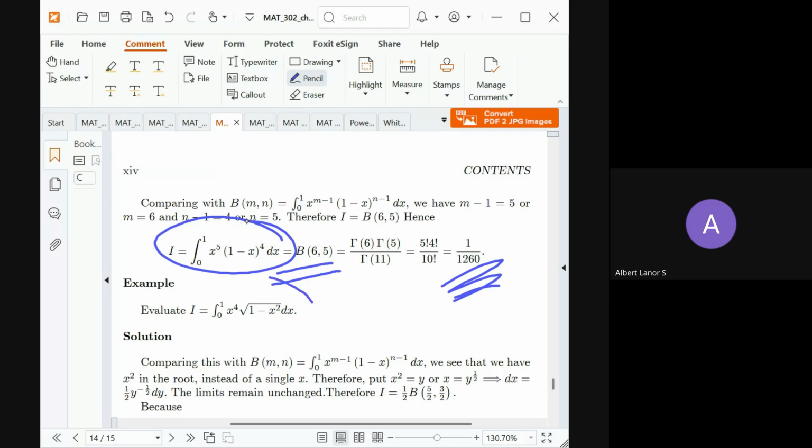If you have this one, now this does not look like the standard one.